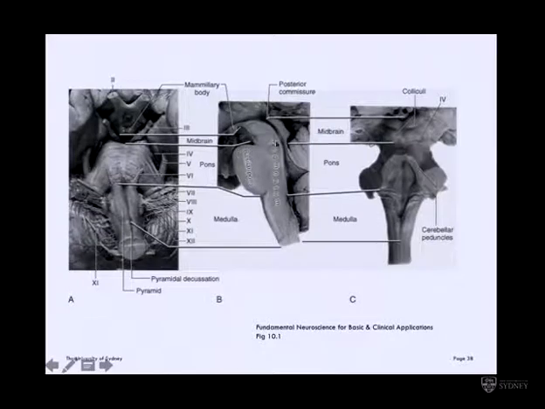And on the dorsal aspect, you have the superior and the inferior colliculi. And then on the ventral aspect, you have what's referred to as the tegmentum. So that's the tectum right there. The tegmentum runs all the way down. It consists of a midbrain tegmentum and a pontine tegmentum.